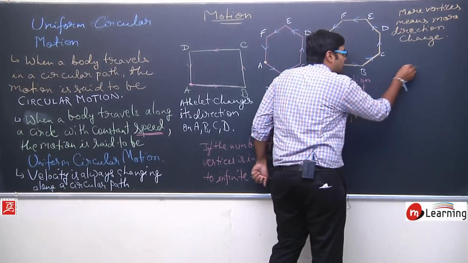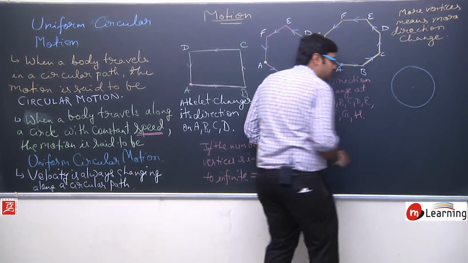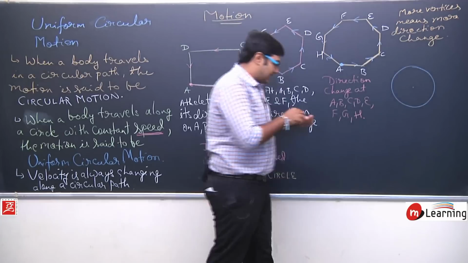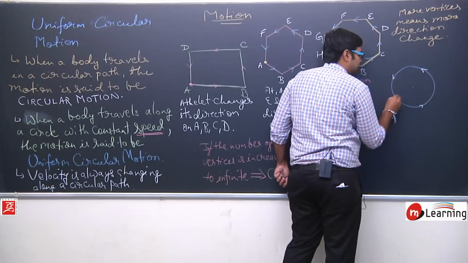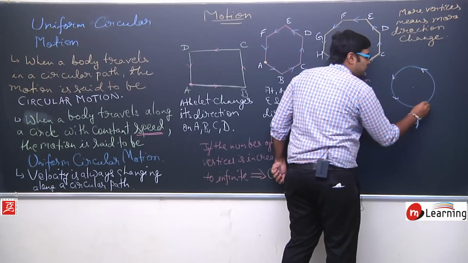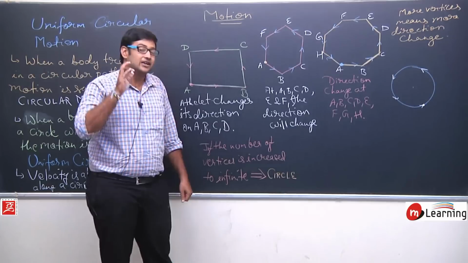So can you imagine what is going to happen if an athlete travels along a circle? If an athlete travels along the circle like this, at every point of time the direction of the athlete is different.